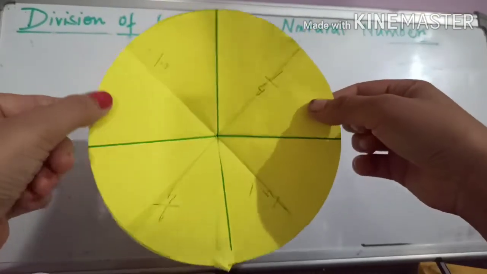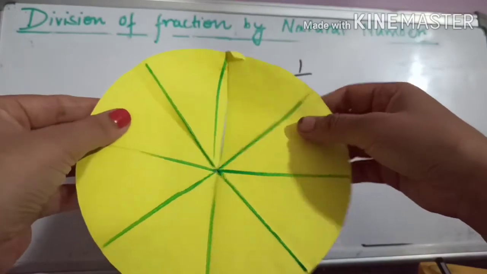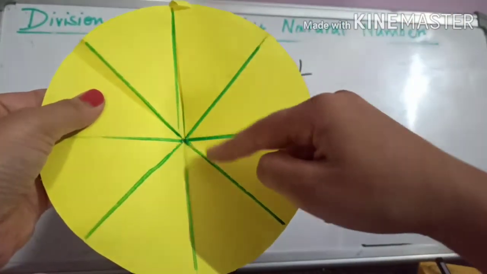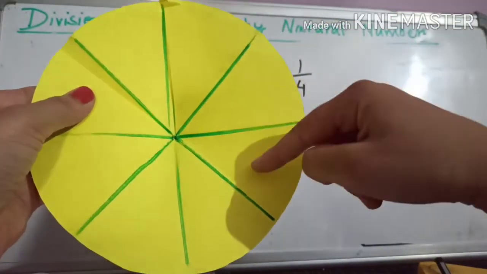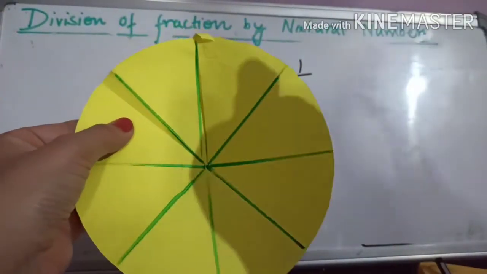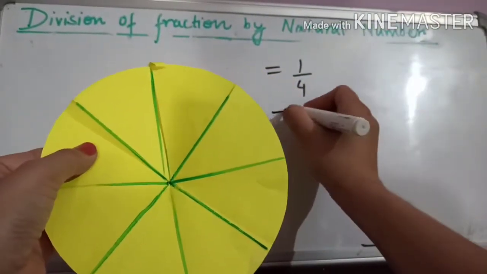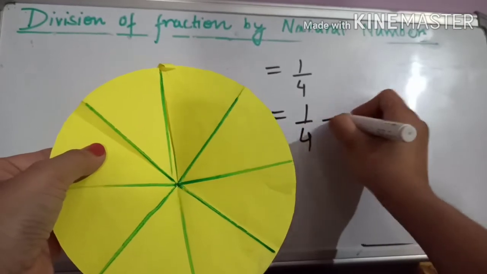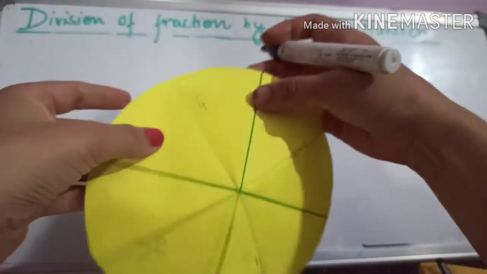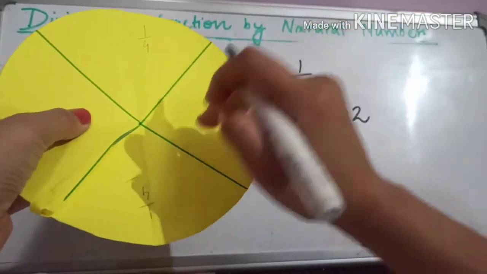We divided each of the 1/4 parts into 2 more equal parts. Similarly this and this. So each of the 1/4 parts is further divided into 2 parts.